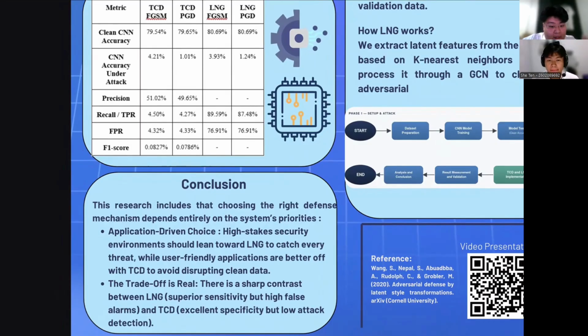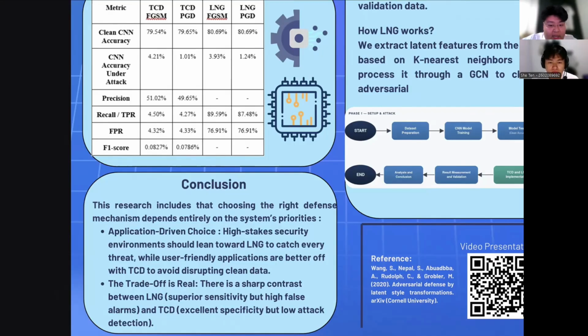This confirms that CNN-based image classification systems are still highly vulnerable to adversarial attacks. From the comparison, as we can see, LNG achieved much higher detection sensitivity. It successfully detected more than 87% of adversarial examples for both attack types, showing that latent neighborhood graph techniques are effective for identifying adversarial perturbations.